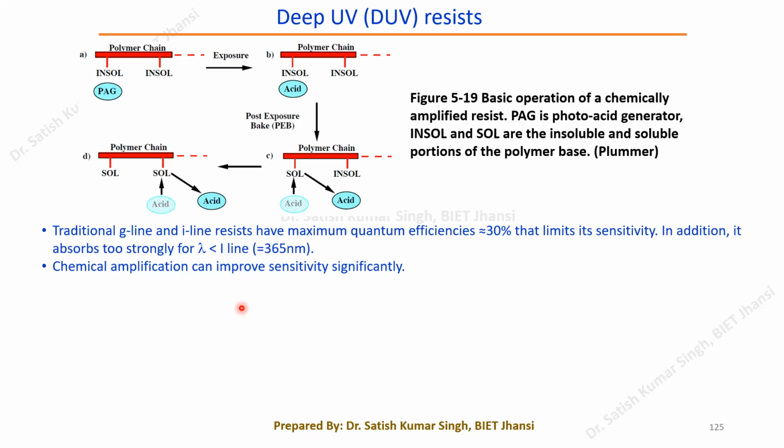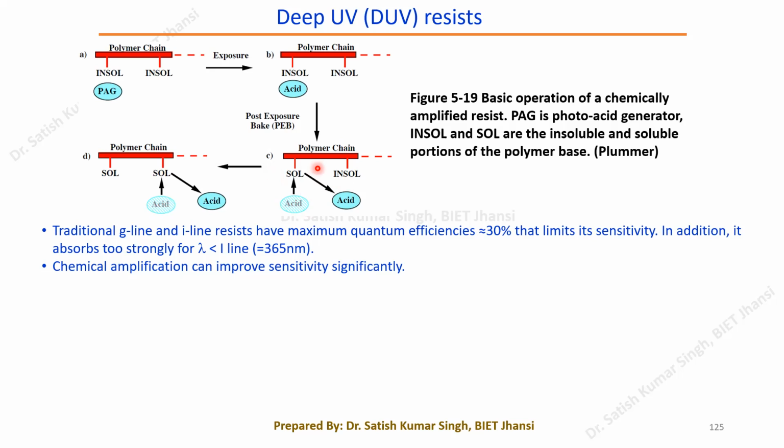Sometimes the quantum efficiency of this type of resist is greater than 100%. How is it 100%? One photon gets absorbed and produces only one acid molecule. Later, when we do the post exposure baking, this acid molecule acts as a catalyst and creates a large number of acids, which are soluble in nature.